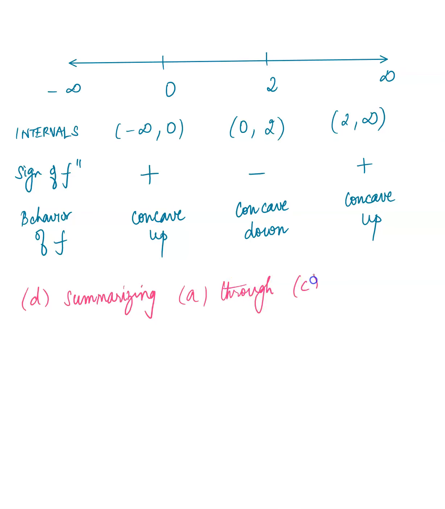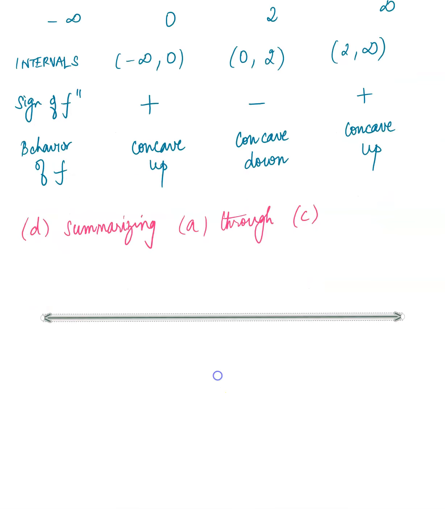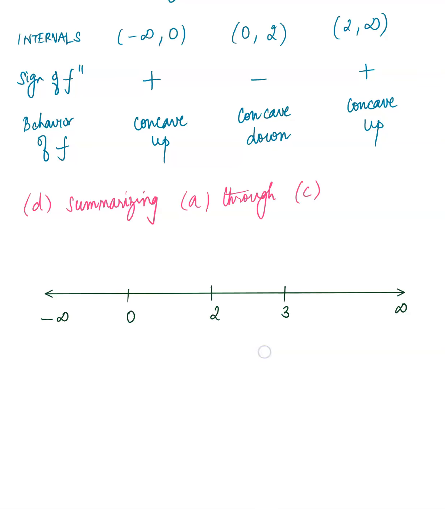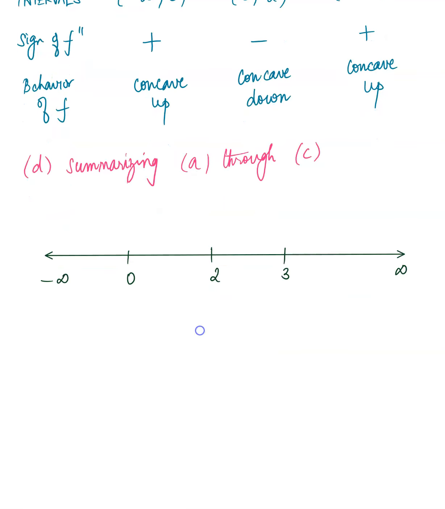Summarizing A through C, this is how our graph will look. These are the shapes. So we got a 0, then there is 2 from the concavity graph here, right? And then there was a 3 from the other one. So I'm going to put all these numbers here and begin to look at what happens.